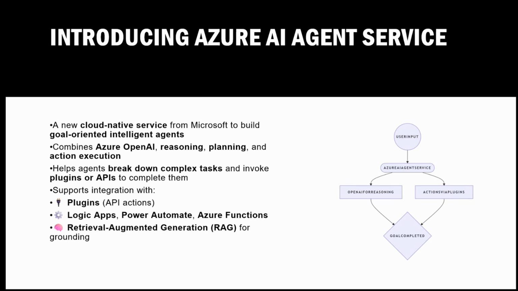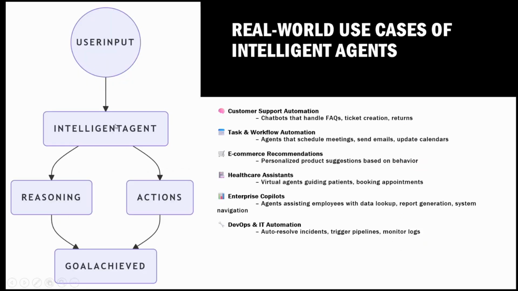Now we saw what an agent means, and what use cases we can use the agent for. When we look deeper at Azure AI Agent Service, it works in a similar way to what we have here.